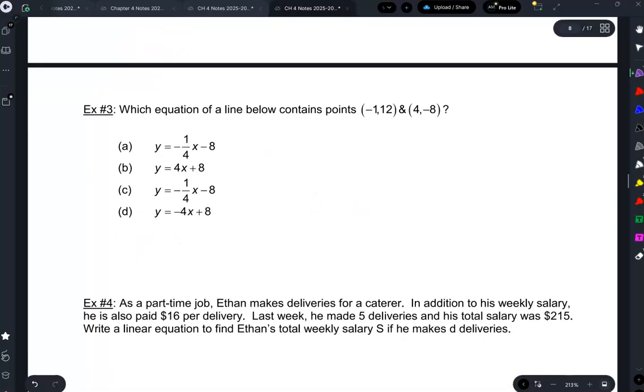Okay, so let's do this one. Which equation of the line below contains these points? Okay, so now look. You actually don't have to do the whole thing here. Because let's first find the slope. So x1, y1, x2, y2. For the slope, Ashley, help me out. What are we going to do in the numerator? What minus what?